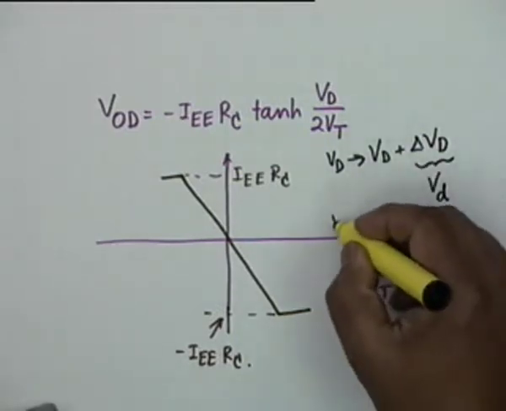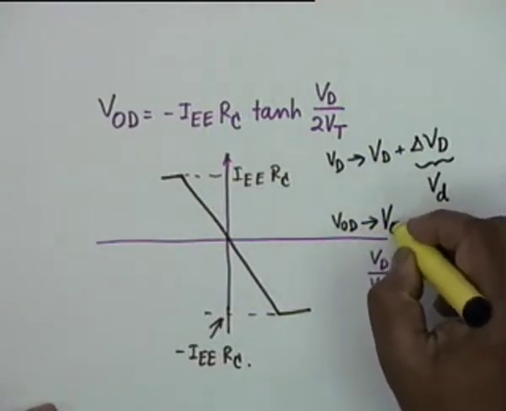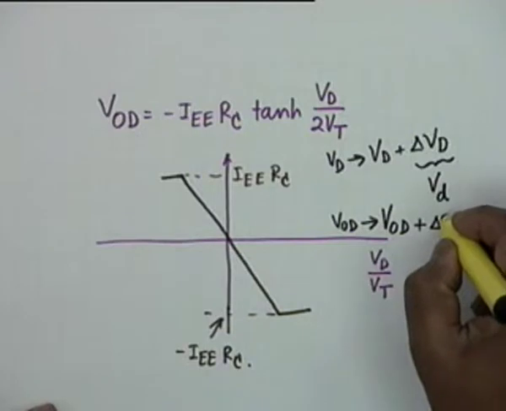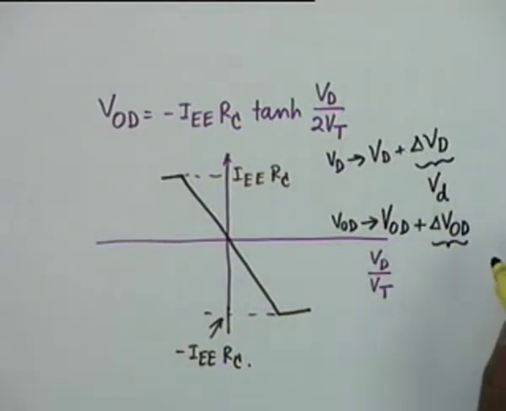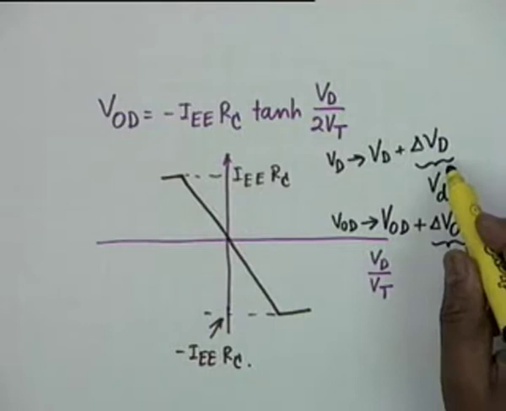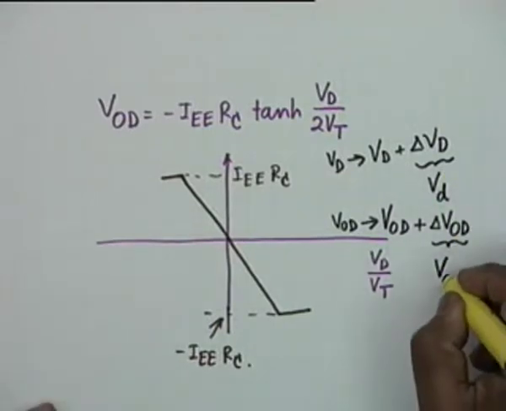Under this condition, VOD naturally shall change from VOD to delta VOD, and this appears in response to an incremental change in the input voltage of VD, and therefore this is capital V subscript small o subscript small d.